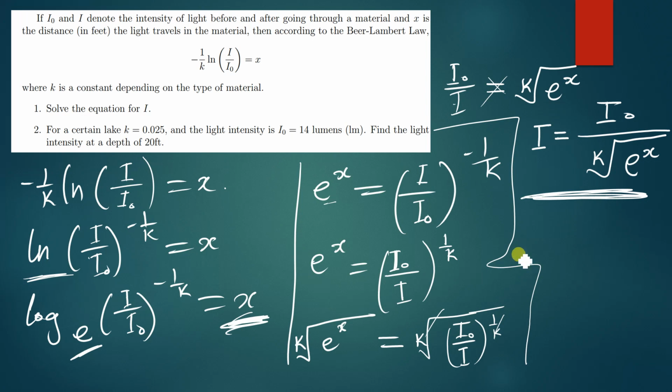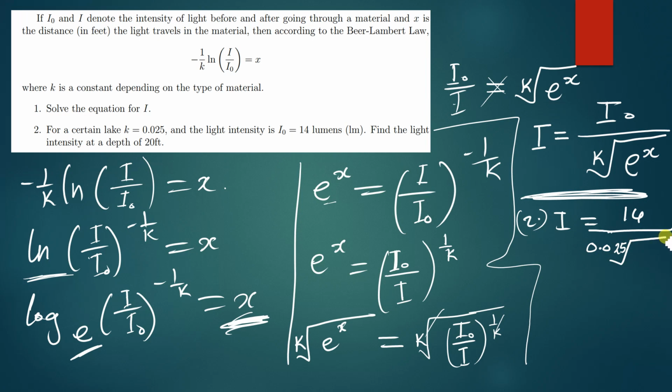So this is part 2 of the question. We're trying to find I, the light intensity I naught has been given as 14 lumens, and k has also been given as 0.025.